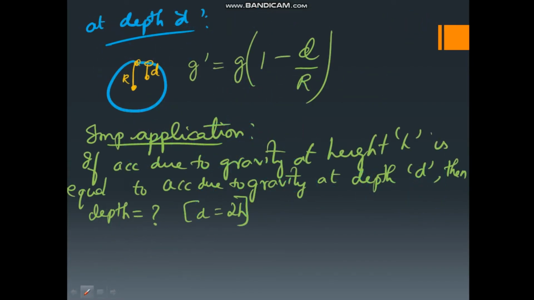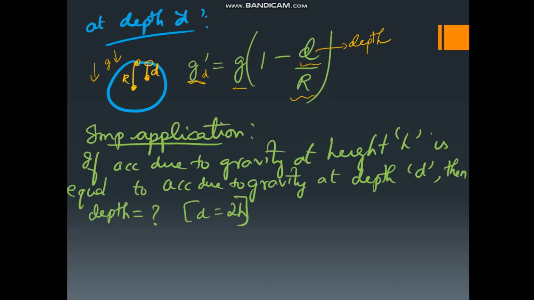Now let us find what is the acceleration due to gravity at depth d. When you move inside the earth also, acceleration due to gravity value decreases. So g dash at depth d is equal to g into (1 minus d by R), where d is the depth from the surface.